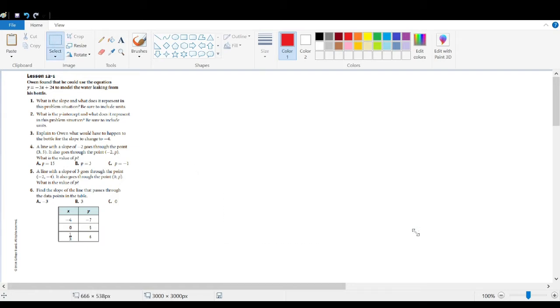So before we start talking about lines in slope-intercept form, we have to understand what the slope and the intercept are. So let's start out with problem 1, which will help us dive into the slope specifically. They say that we have the equation y is equal to minus 3x plus 24.